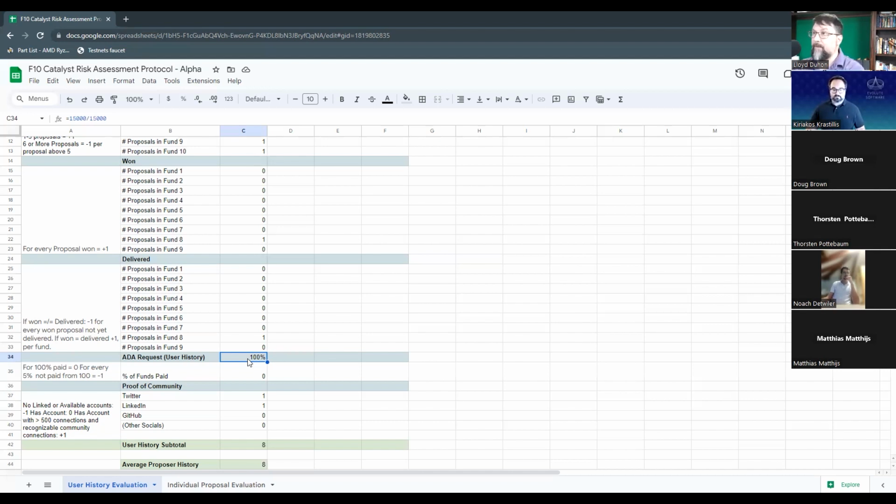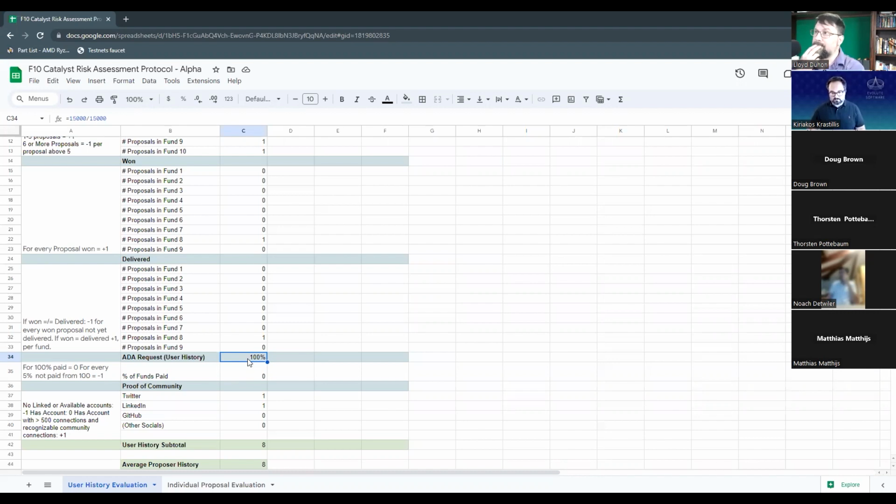I think the minimum is 15,000. So if they deliver anything from 15,000 to 50,000 ADA, that's probably a +1. And anything higher than 50,000 may be a +2. We could even have 3 tiers for that, maybe.